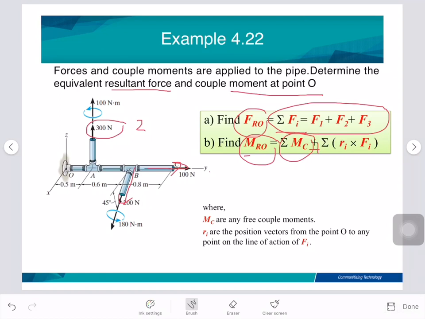For 3D, we have R cross F. Here, this is moment couple 1, this is moment couple 2, but we need to identify the axis. This one is already in Z, and the moment couple here is in I and K, isn't it? Alright.